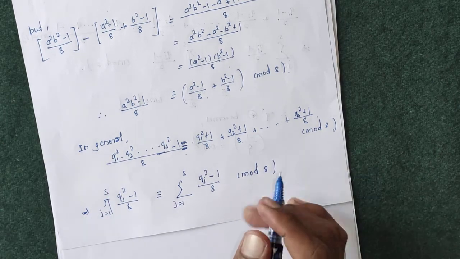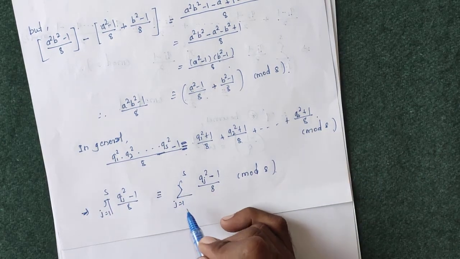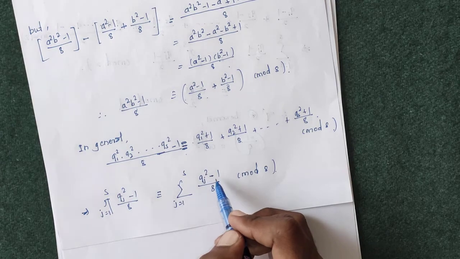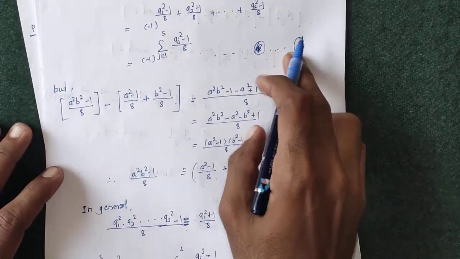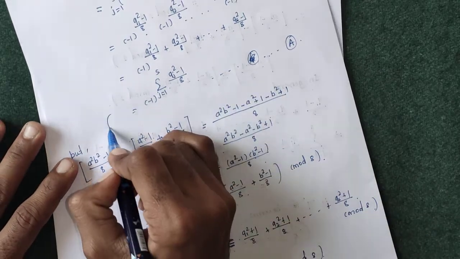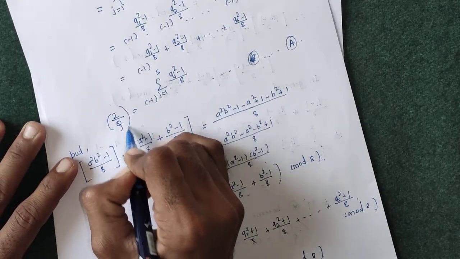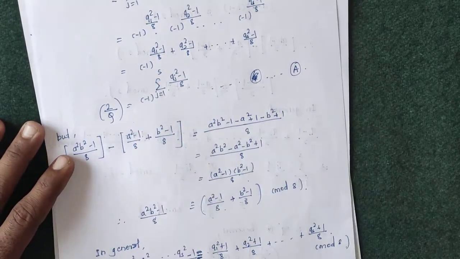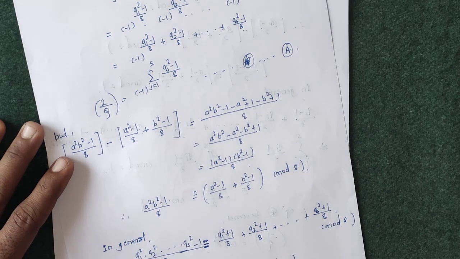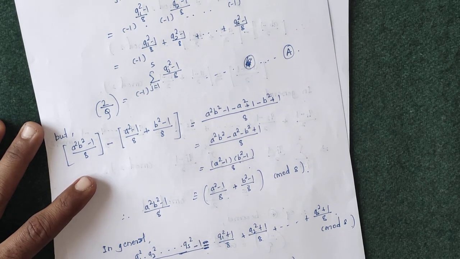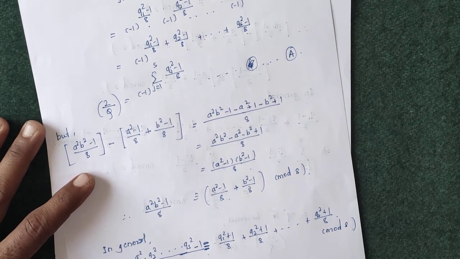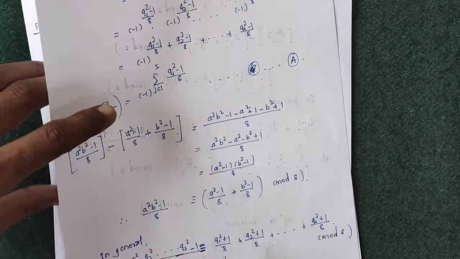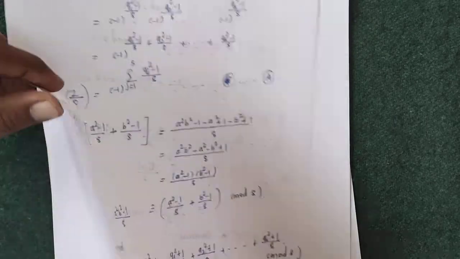Hence from equation number A, the Jacobi symbol of 2 and q is equal to minus 1 to this summation, and this summation is congruent to this number, and this product is just the product of qj square, which is q square.